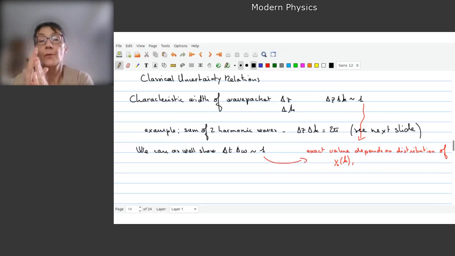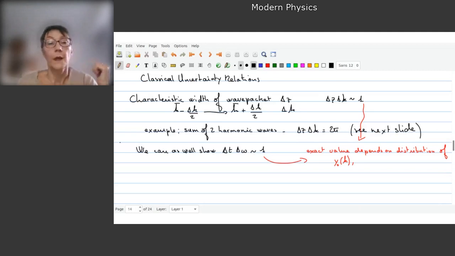So typically you have from k bar minus delta k over 2 to k bar plus delta k over 2.